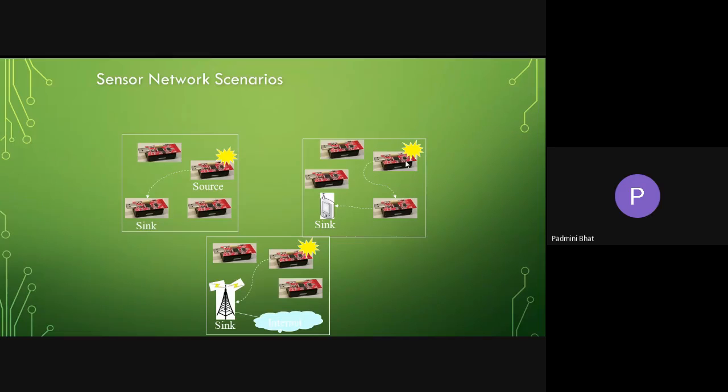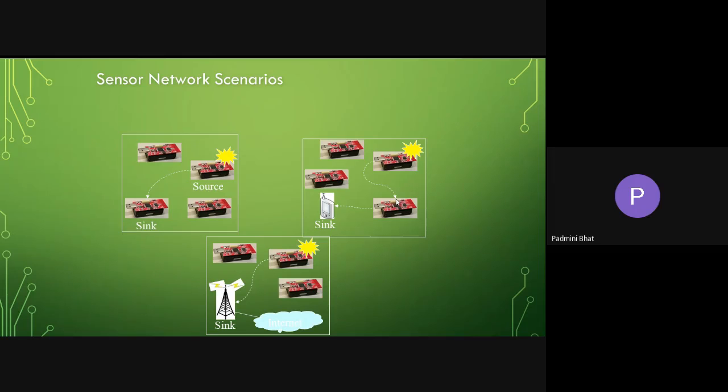One is, maybe between here and here some obstacle is there, so direct communication is not possible, so I am making use of another node as an intermediate node to transfer from source to sink. The second reason is that the data it is sending may also be required by this node, and from this node it is easy to send to the sink, so I am using this technique.